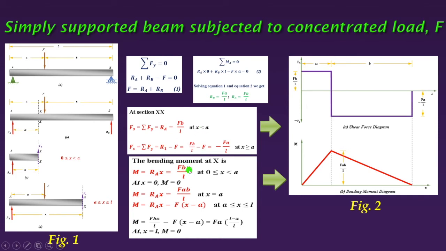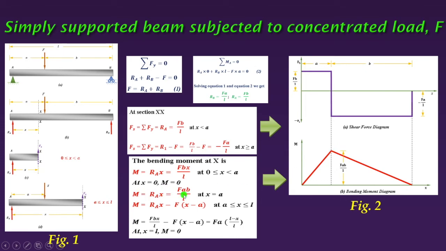But here it is not constant; rather the bending moment is a linear function of x. At x equals 0, the bending moment is 0. So it's a straight line starting from the origin, a positive straight line. So this is the bending moment.